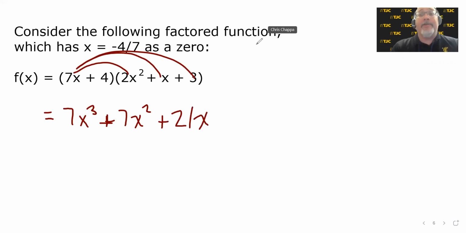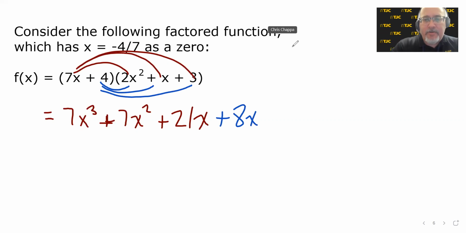And all of these clearly have a 7 inside of them. But what happens when we distribute the 4? Well, we get 4 times 2x squared, which is positive 8x squared. Positive 4 times positive x, which is positive 4x, and positive 4 times positive 3, which is positive 12, all of which clearly have factors of 4.